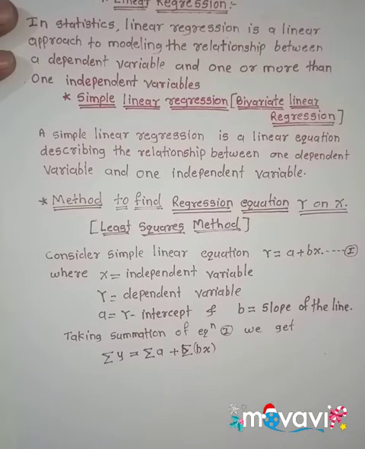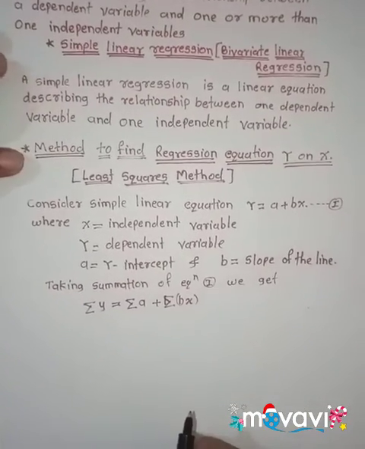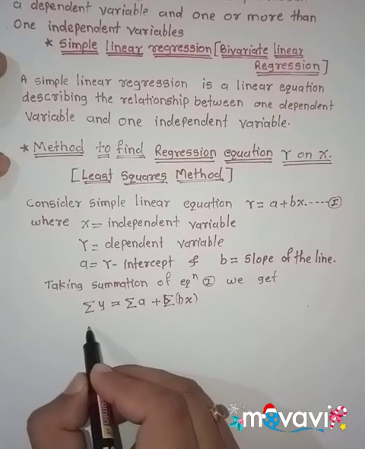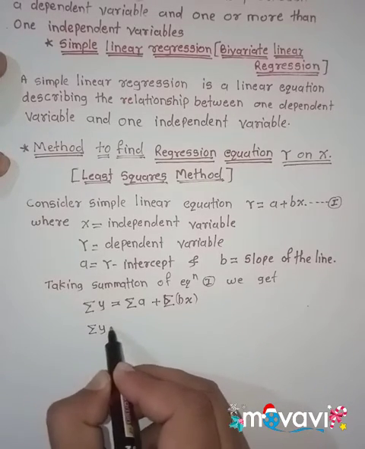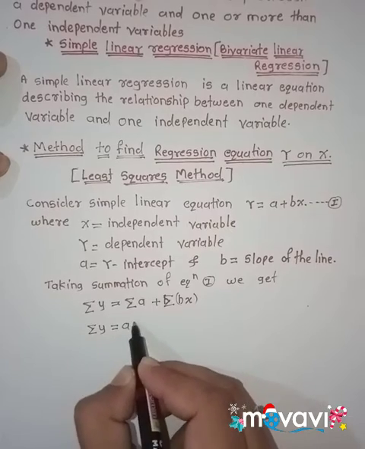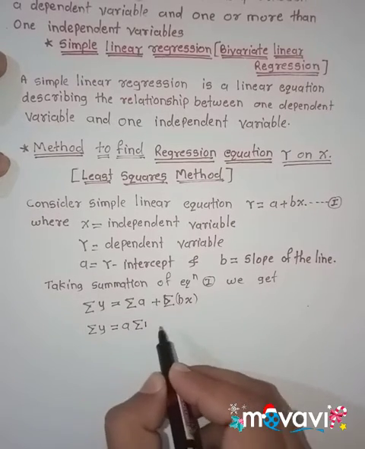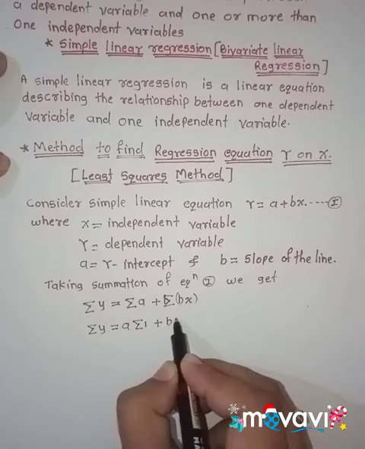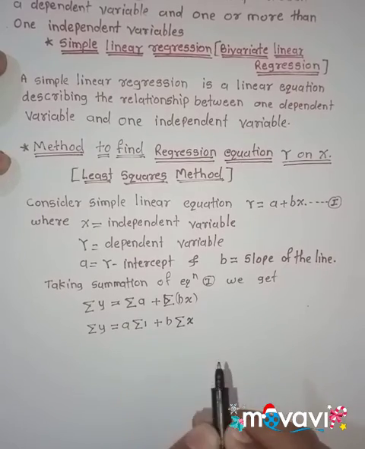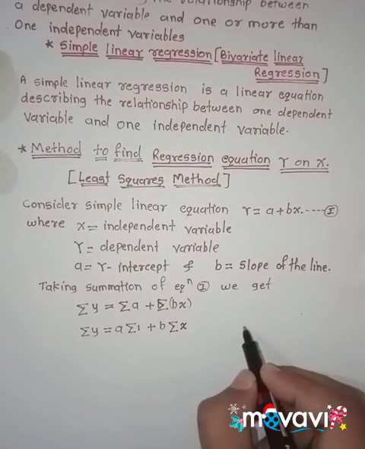Here a and b are constants, so we can take these constants outside the summation sign. We get summation y is a into summation 1 plus b into summation x.